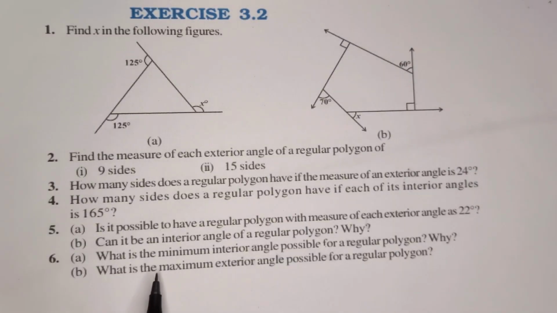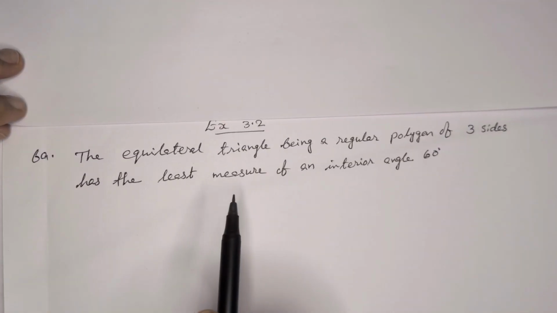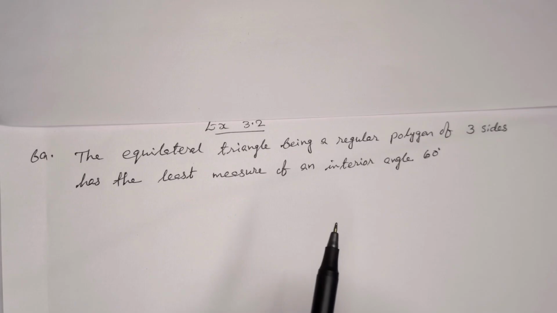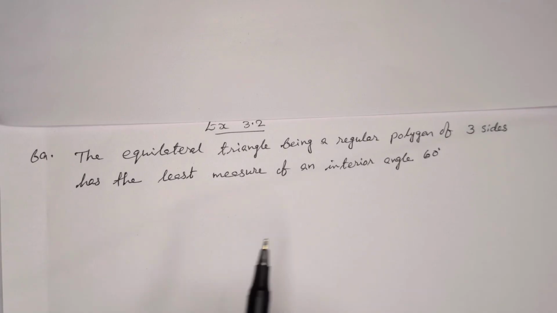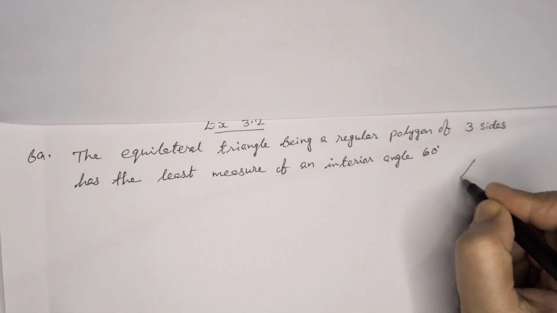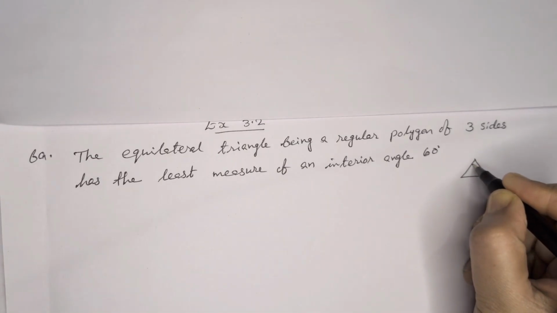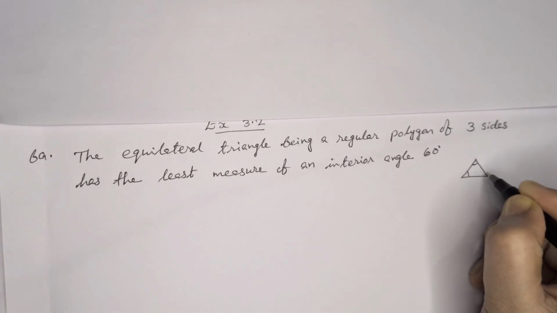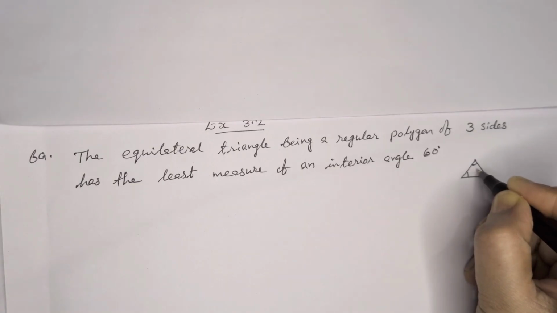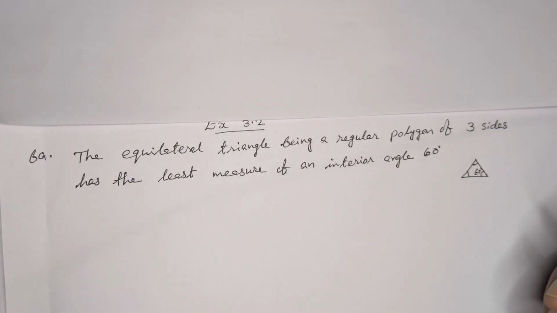Question number 6. What is the minimum interior angle possible for a regular polygon? The minimum interior angle possible is in the case of an equilateral triangle. Triangle is the smallest polygon, and if it becomes equilateral, all three sides are equal and all three angles are equal, then each angle will be 60 degree.